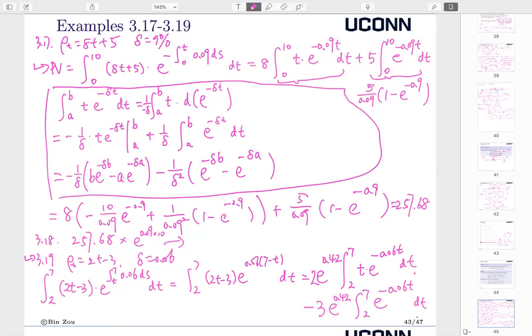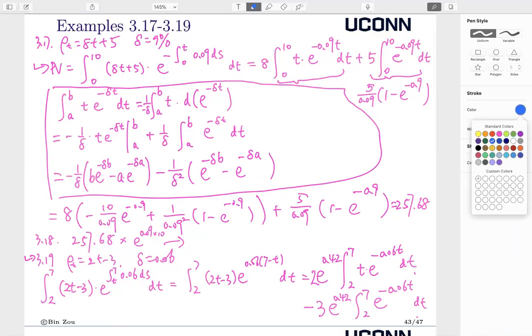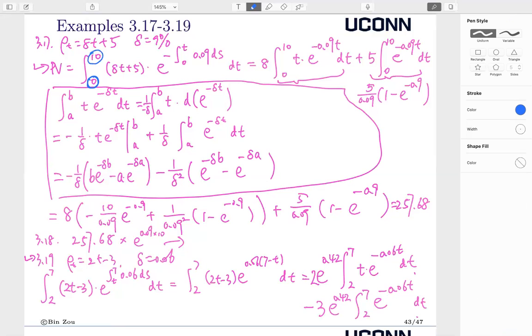You write an integral. For this, let me get blue to highlight. When I write the first integral, this lower point is the starting point of your annuity. This point is the ending point of your annuity. This function is the payment function.